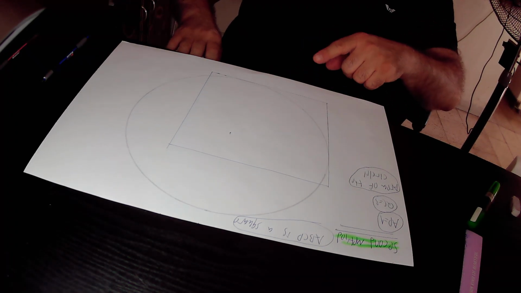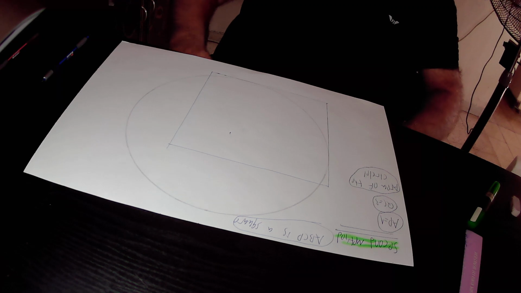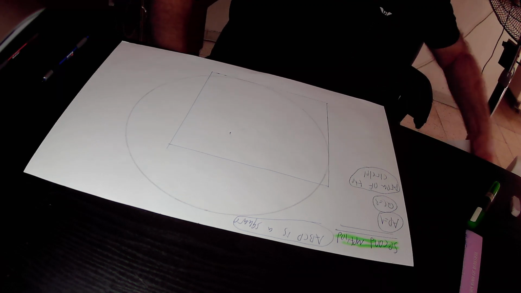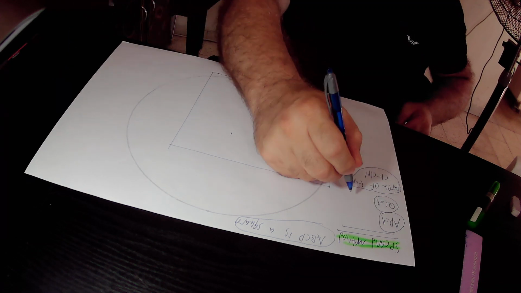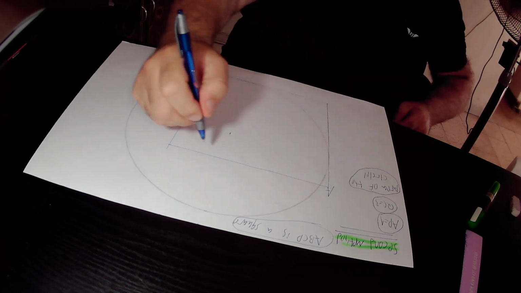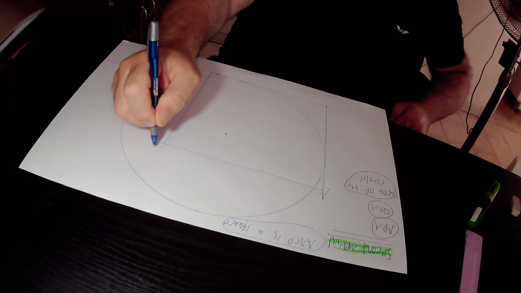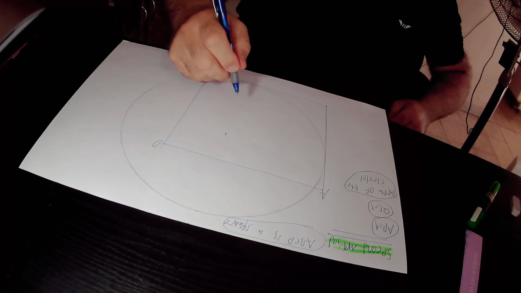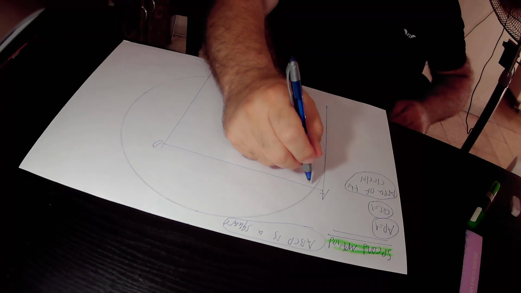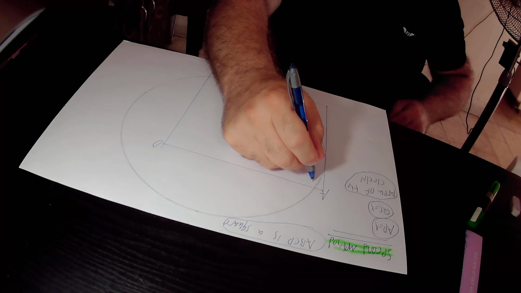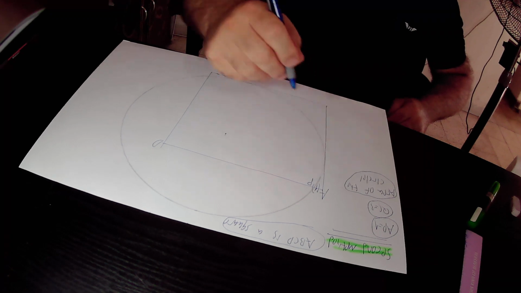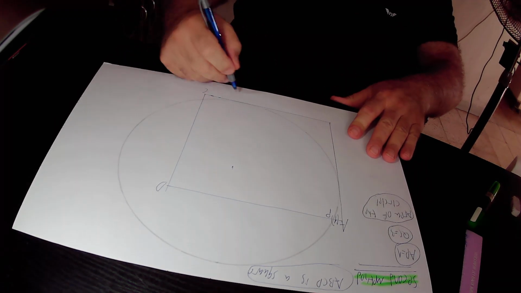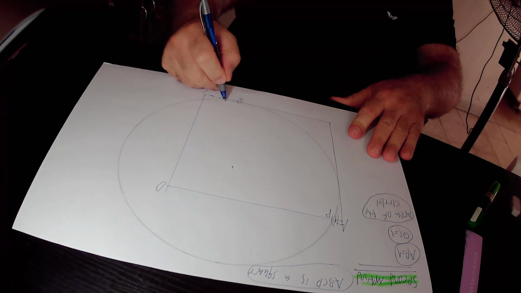Actually, this is square ABCD. We know that AP equals 1 unit in length, and CQ equals 3 units in length.